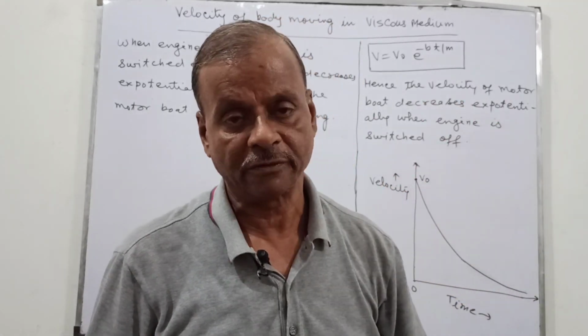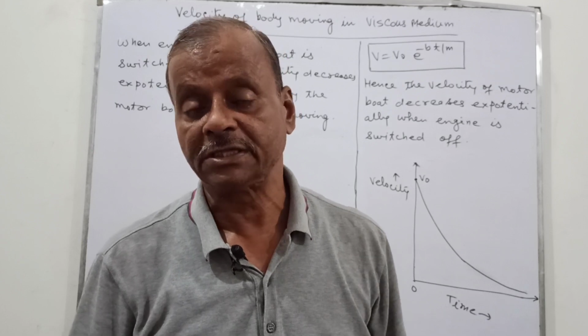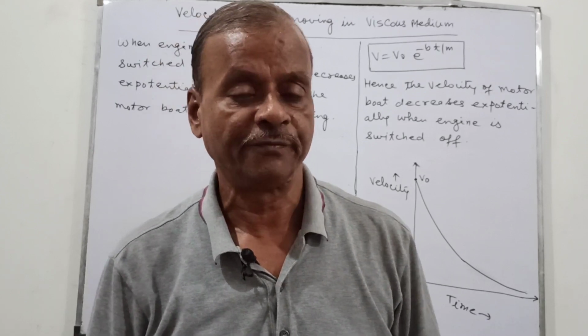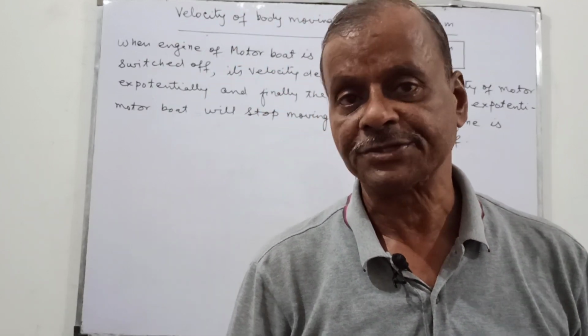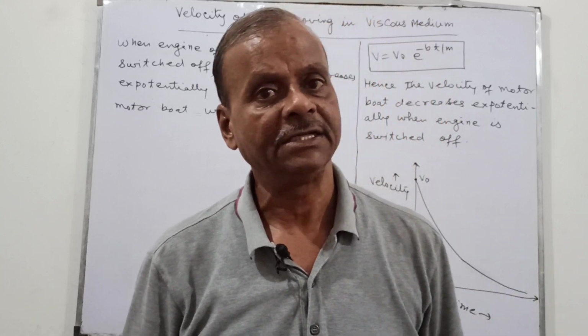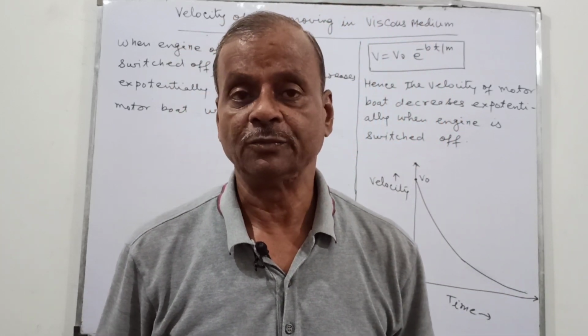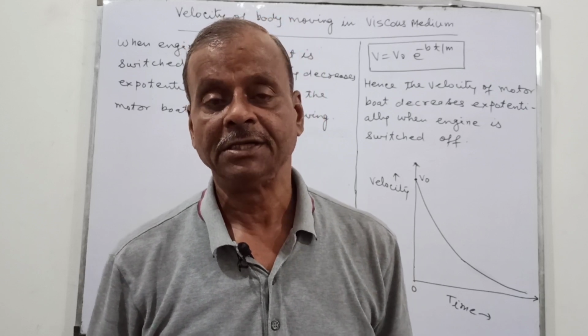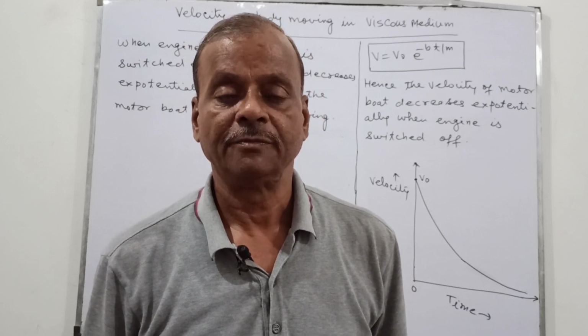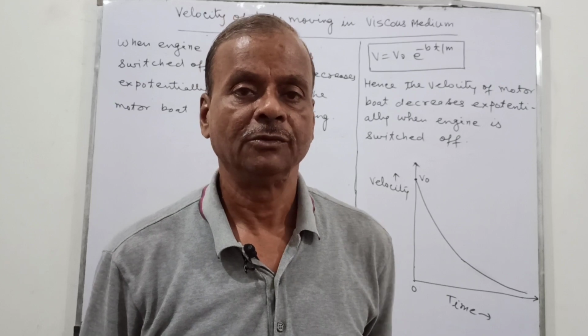The velocity does not decrease abruptly to 0, but it takes a long time and then it stops. So this is about the velocity of an object moving horizontally in the viscous medium. Thank you very much.